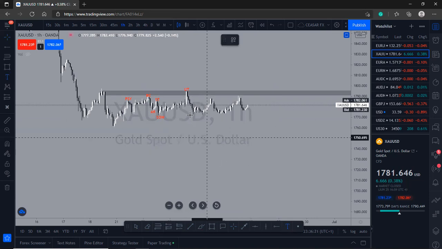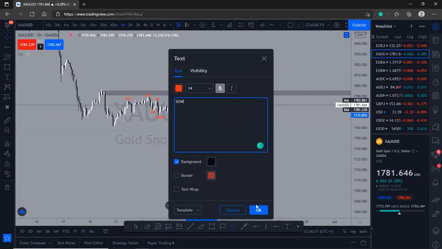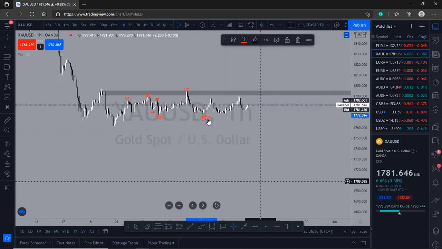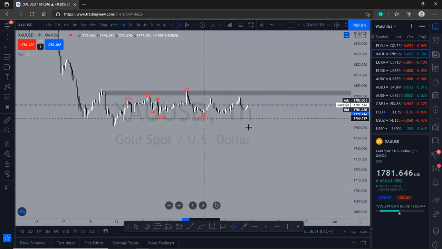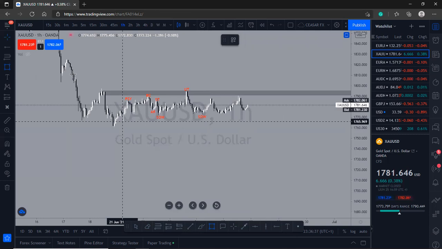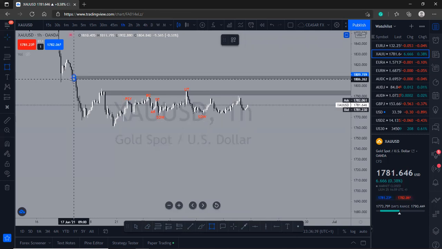There was a sign of weakness once again somewhere here. As you can see, above there is also another order block, according to the hourly time frame.